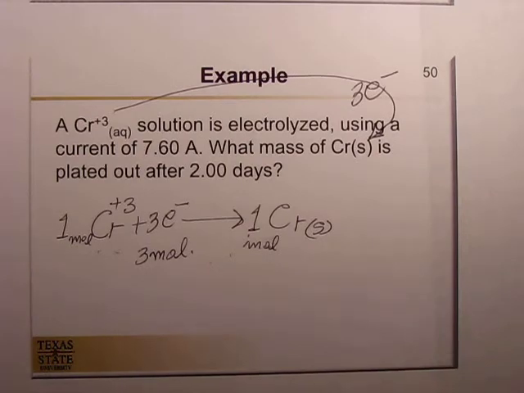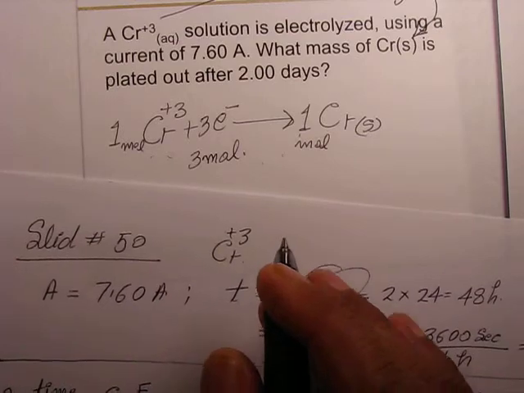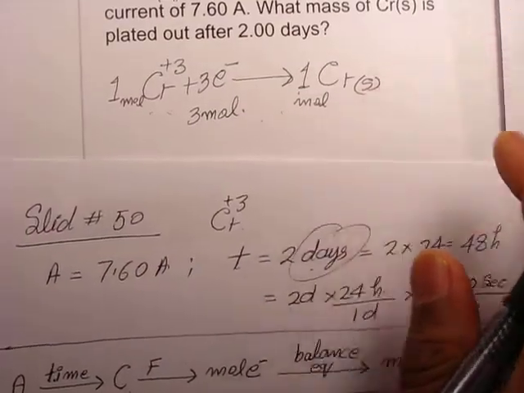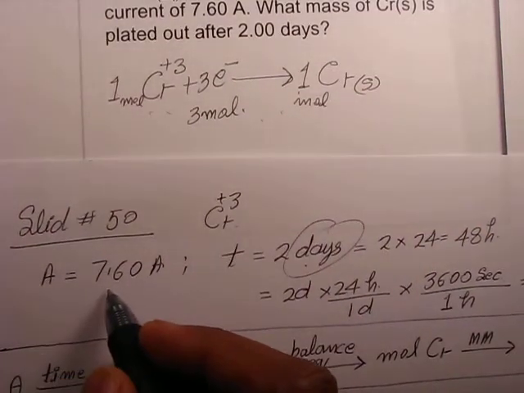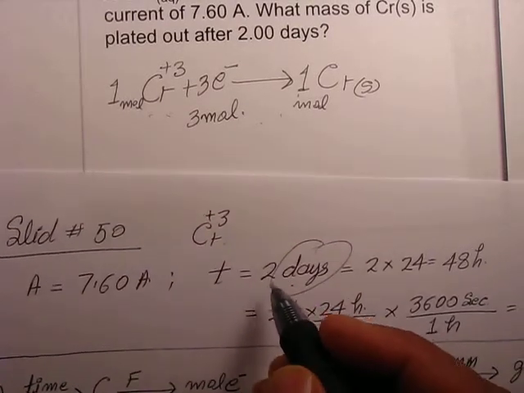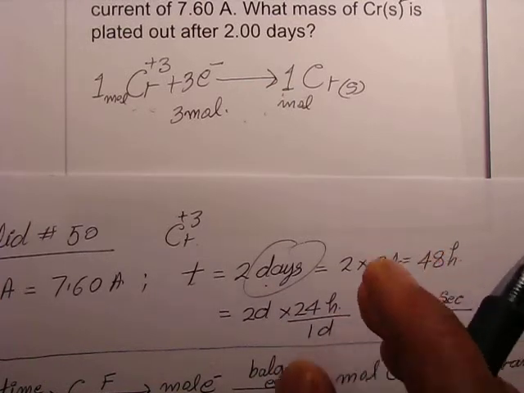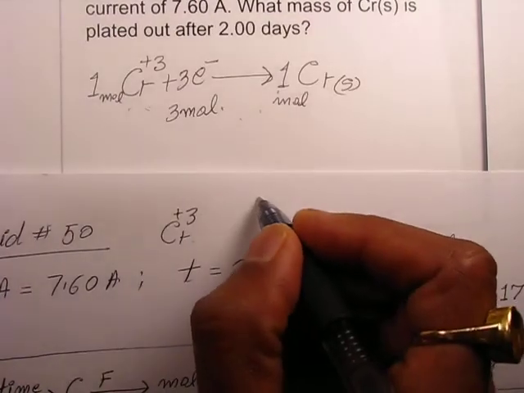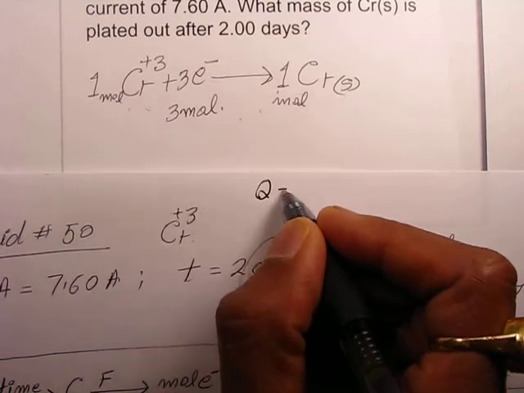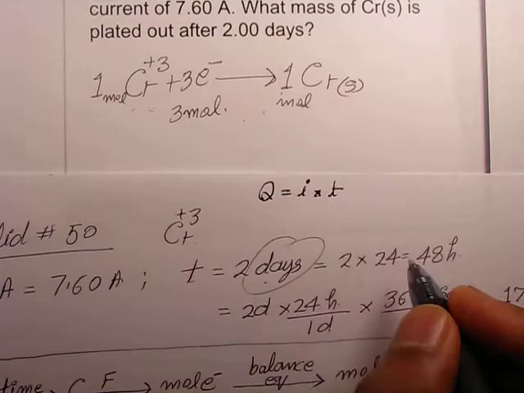So how will we solve this question? First we will convert the time. You can see in the question the current is 7.6 ampere, and the time is given as 2 days. So we have to convert the days into seconds. Always in this type of question, whenever we calculate Q is equal to IT, the time must be in seconds.